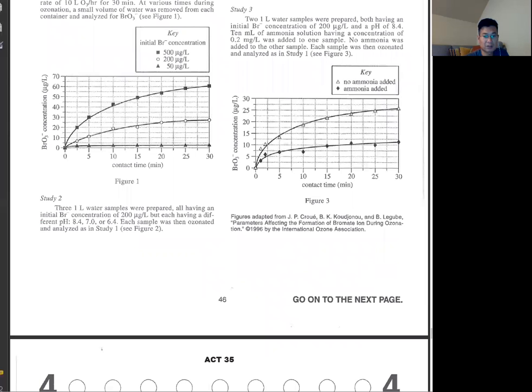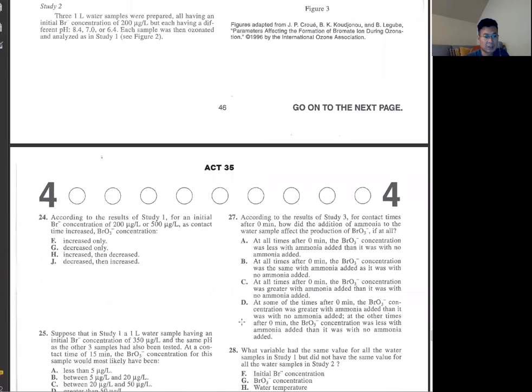So again, we're going back to the original way to do it. Question number 24, according to the results of study 1, we only need to pay attention to study 1. For the initial Br minus concentration of 200 or 500, as contact time increases, does BrO3 concentration increase or decrease?